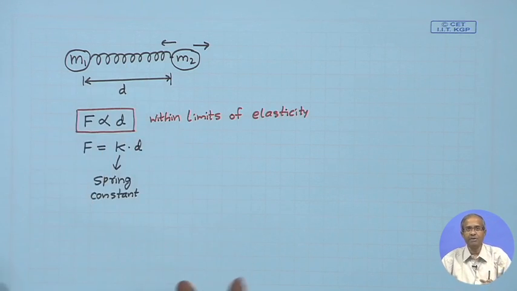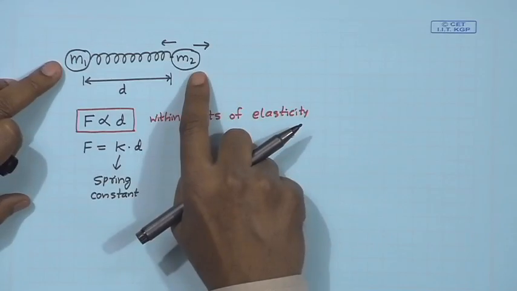There can be some permanent deformation which we say is beyond the limit of elasticity, which means if you release it, the body M2 will not come back exactly to its original position. Some part of the spring might get damaged permanently. So, that is why we are saying that within limits of elasticity, the proportionality of F and d holds. Okay. So, this is for two springs.